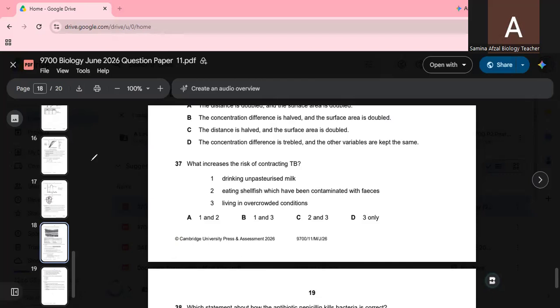Drinking unpasteurized milk can cause tuberculosis because the bacteria can be in the milk.